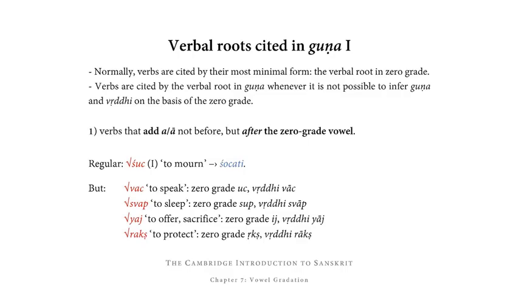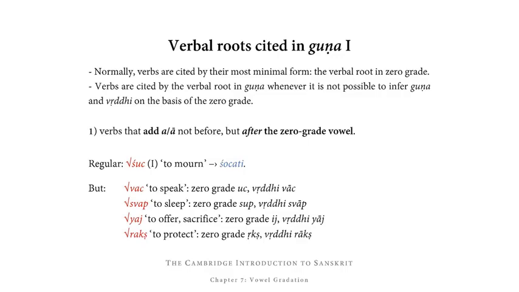Same with sup. The guna is formed by adding the guna vowel a after the zero grade vowel u, and so we get not su-up, but svap. Same thing happens in the case of ij. Here we have an i, zero grade vowel i, that is then followed by the guna vowel a, and this i, when it stands in front of another vowel, turns into y, and so we get from ij the guna yaj.